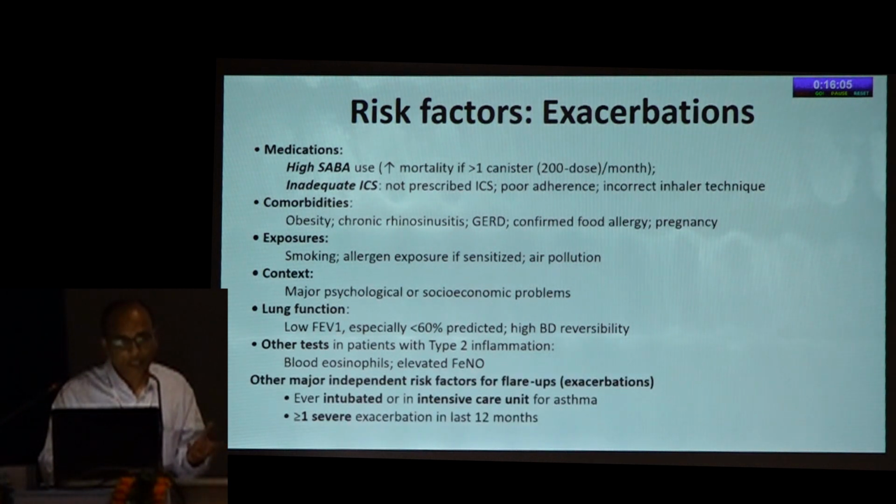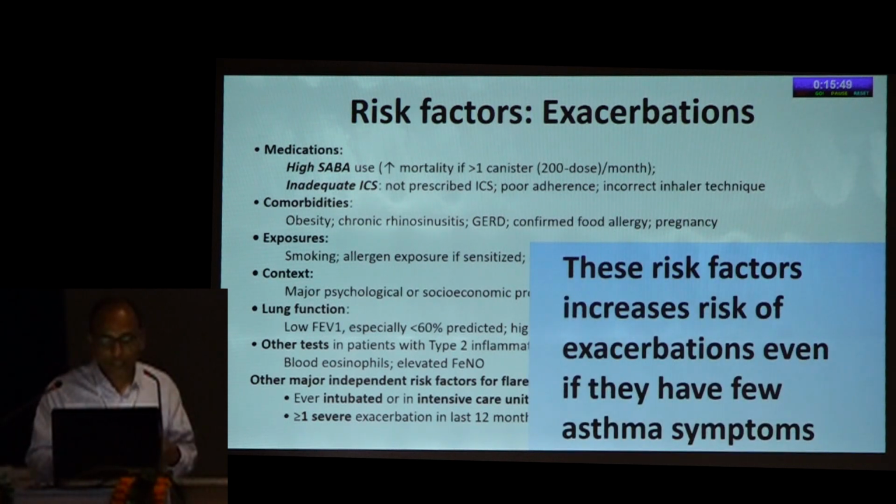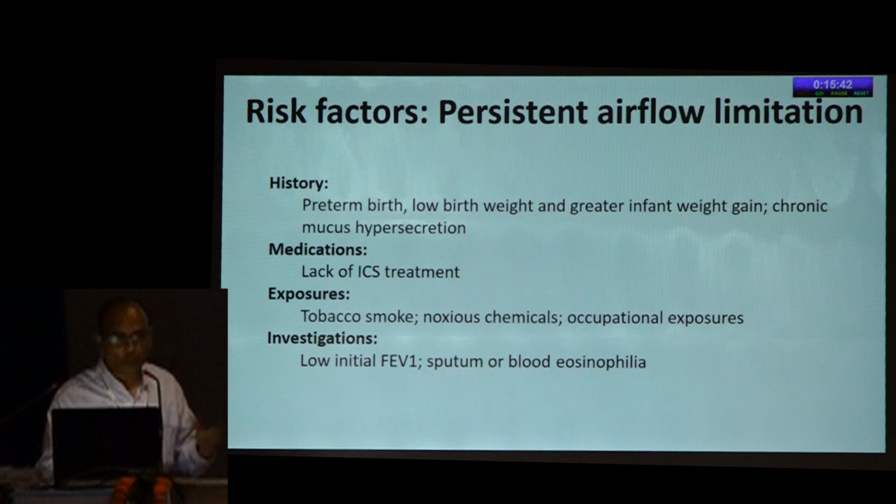The major independent risk factor for flare-ups is if the child has ever been intubated or been to an ICU, or there has been more than 1 severe exacerbation in the last 12 months. These are the red flags that you should be familiar with and aware of in such children. What I wish to say is that the risk factors increase the risk of exacerbation even if the symptoms are controlled, so they should be looked at.